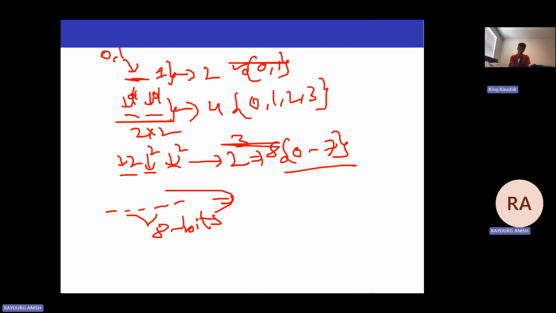For 3 bits, the total number of combinations is 2 power 3, which is nothing but 8. For 8 bits, 2 times 2 is 4, 4 times 4 is 16, 16 times 16 is something. Do you know it?